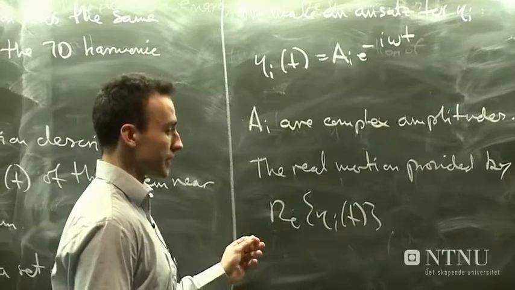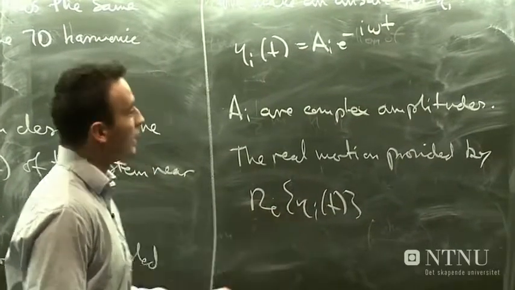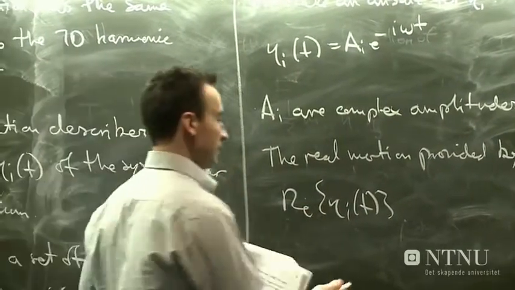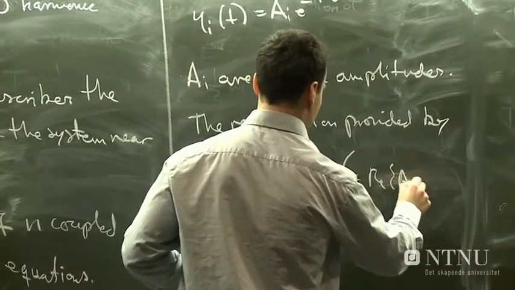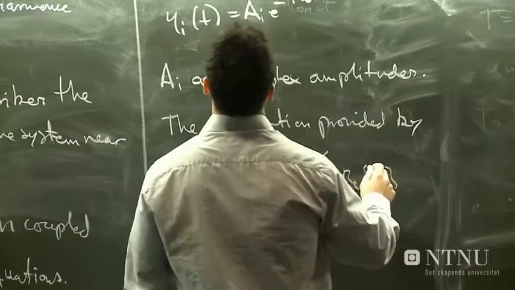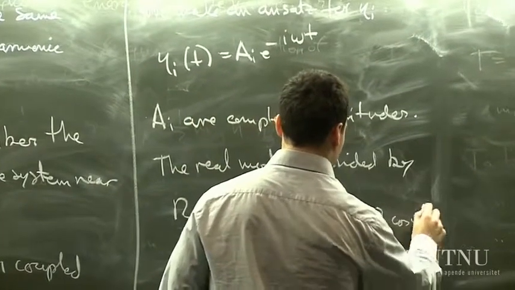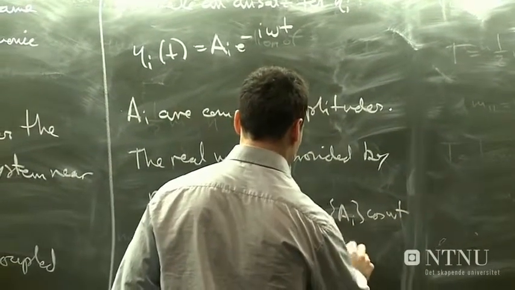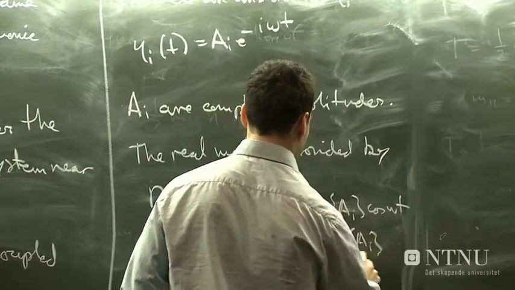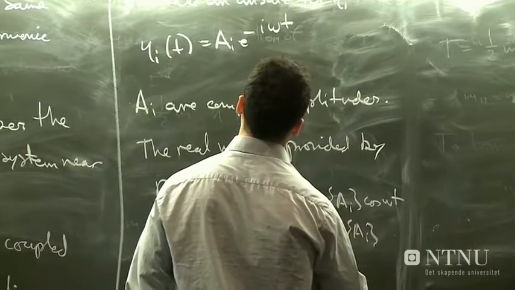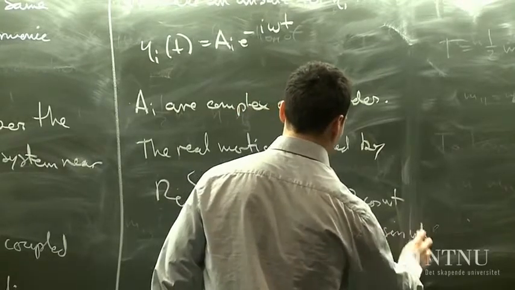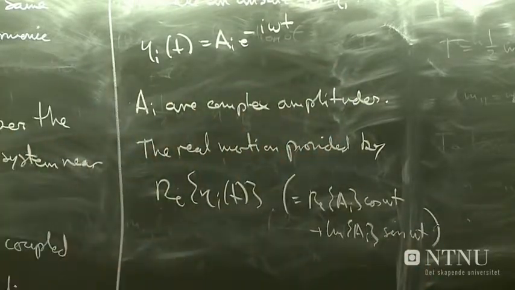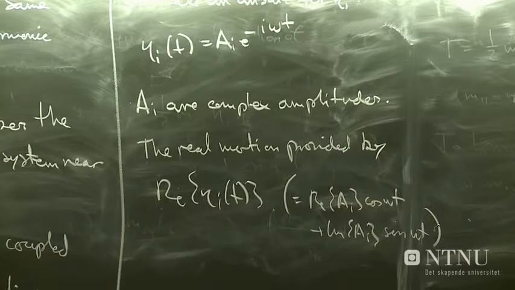But the real motion is then provided by this. And from this expression, we see then that we get precisely this combination of cosines and sines that you said.